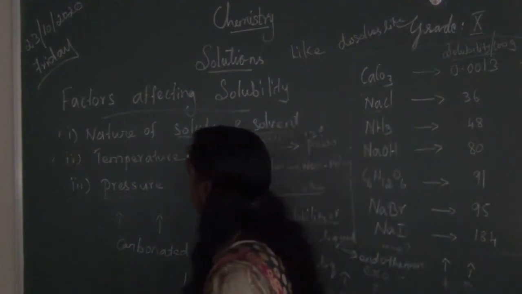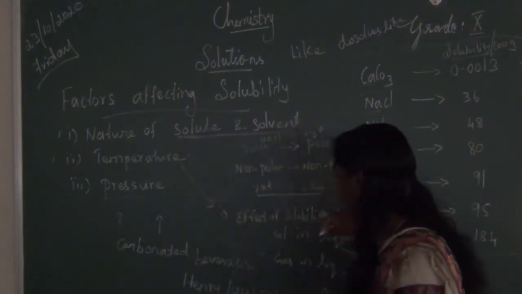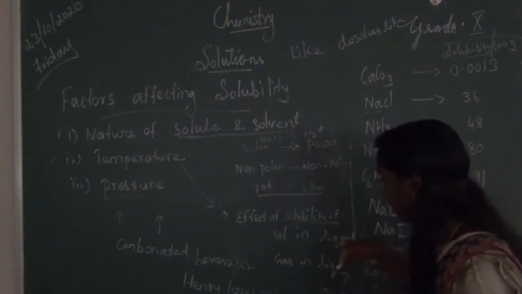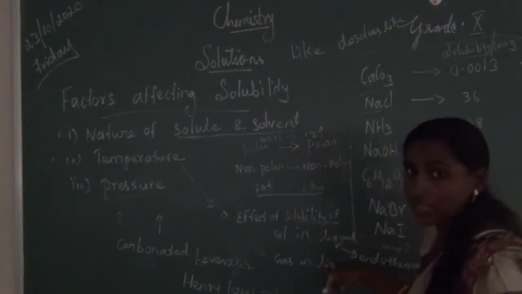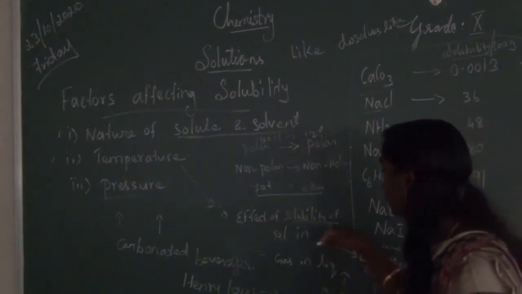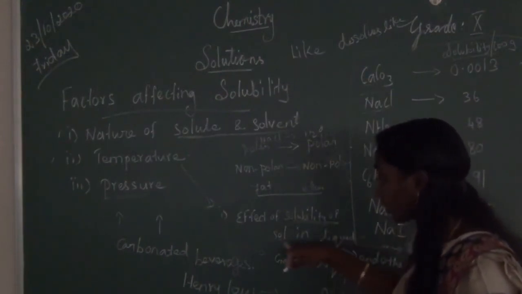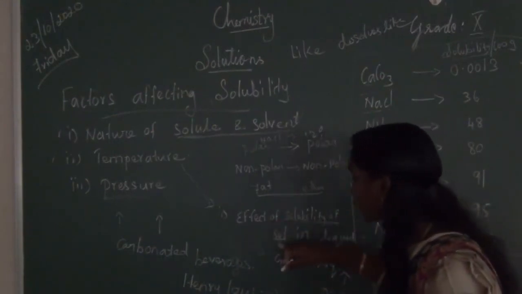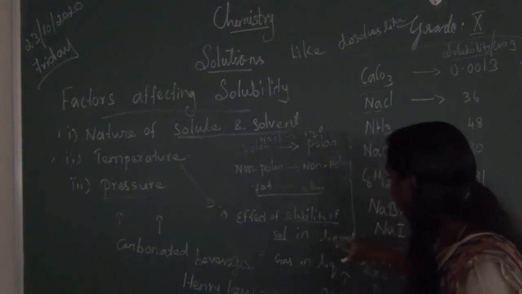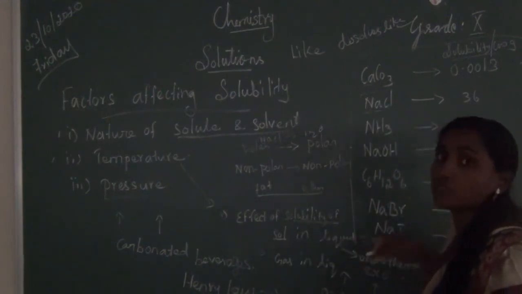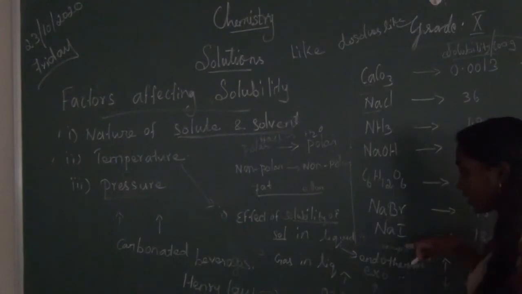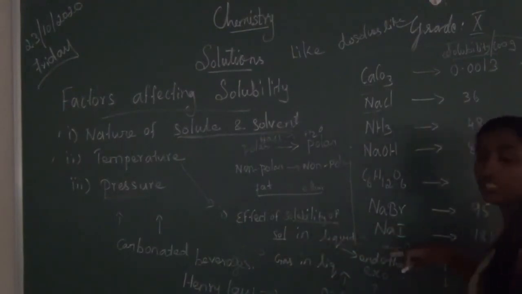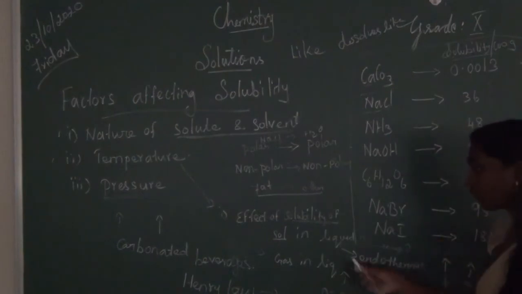The next factor is effect of temperature. Here we studied two terms: solubility of solid in liquid, and solubility of gas in liquid. In solubility of solid, the solute is taken in the form of solid. Solubility of solid in liquid increases with increase in temperature.